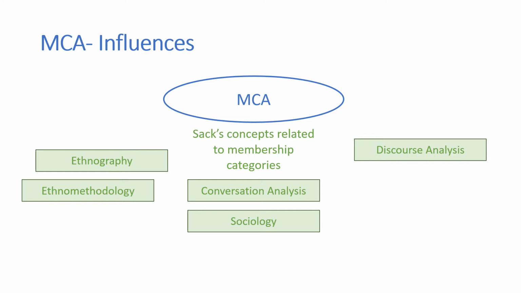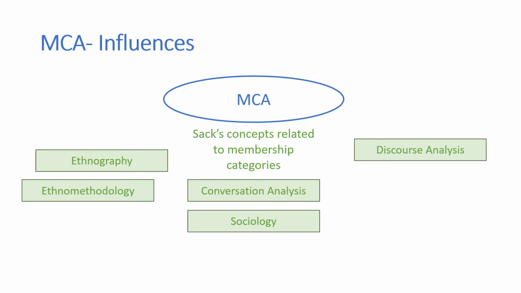So Sachs brought up the idea of membership categorization and how in talk interactions will project, create, or allude to certain membership categories, for example, mummy, baby, policeman, and so on.